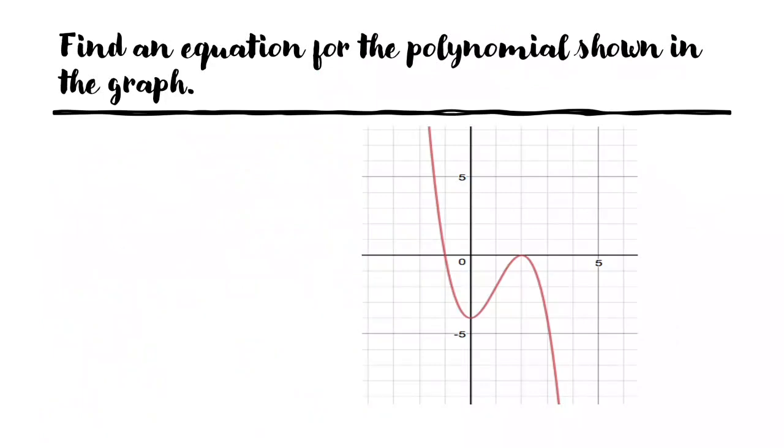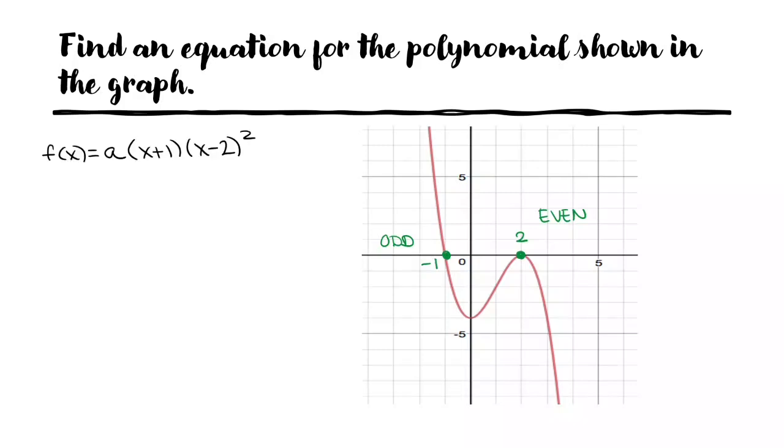So now we're working backwards. The first thing I'm going to do is locate where my x-intercepts are. I have an x-intercept at 2 and another one at negative 1. Based on the behavior of the graph, I know that the x-intercept of negative 1 must have an odd multiplicity. The x-intercept of 2 must have an even multiplicity.